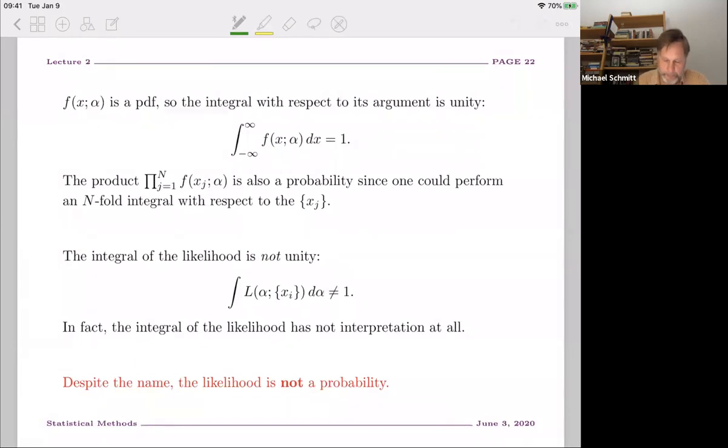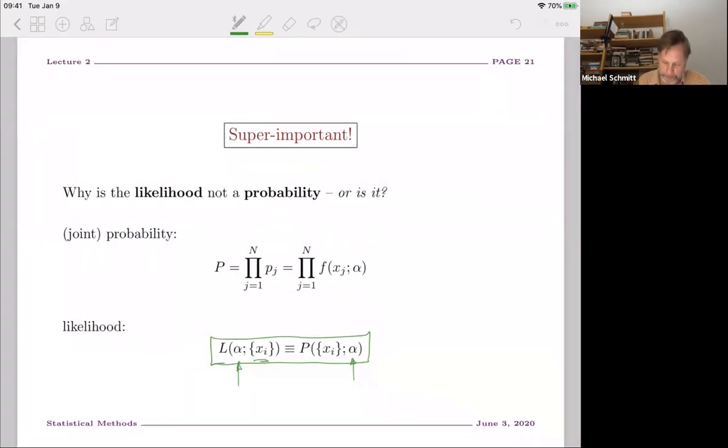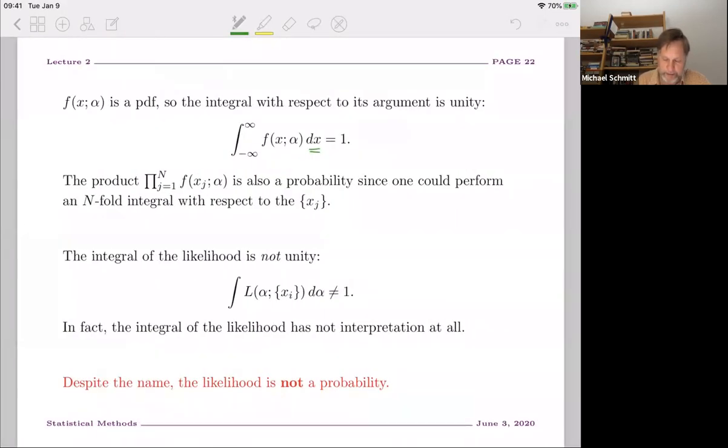Well, remember, any PDF, including a joint PDF, has to have an integral equal to 1. So if you were to integrate this joint probability over all possible data, it has to equal unity. It has to equal 1. But L is a function of a parameter alpha. So if we want to integrate it, we're not going to integrate it over x.